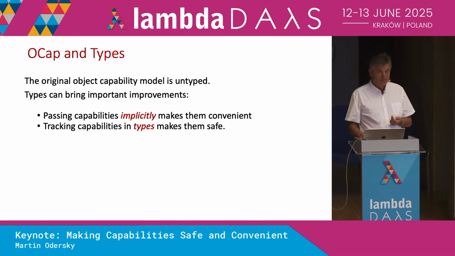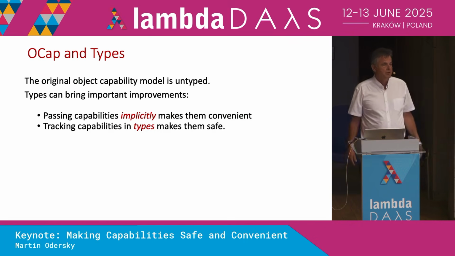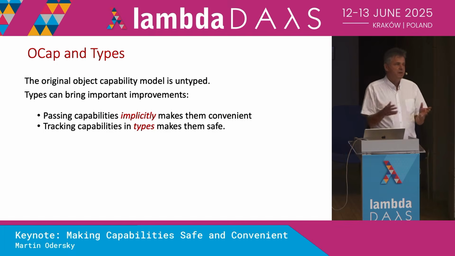But in fact, it turns out that if you look at capabilities from a typed point of view, then you can get important improvements. The first thing is that you can address this problem of passing too many capabilities by using implicit parameters. Passing them implicitly means you still have to declare the capabilities you need at each stage, which I would argue is good because that's an important part of your contract.